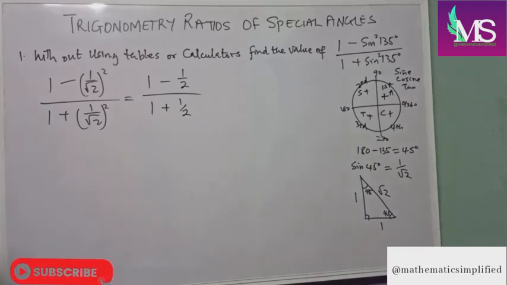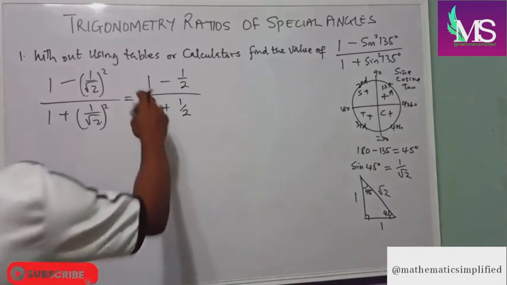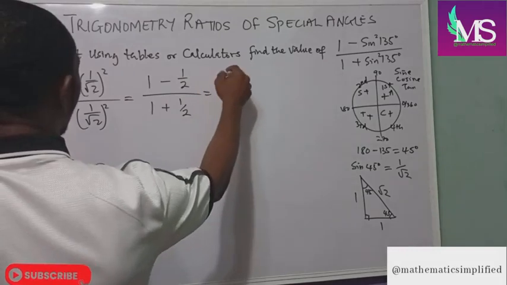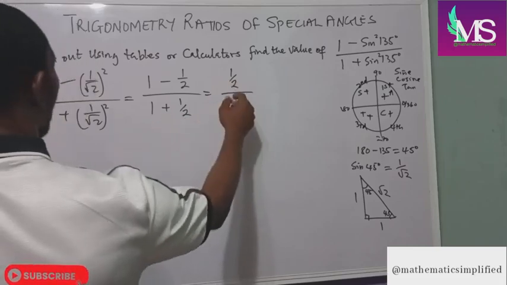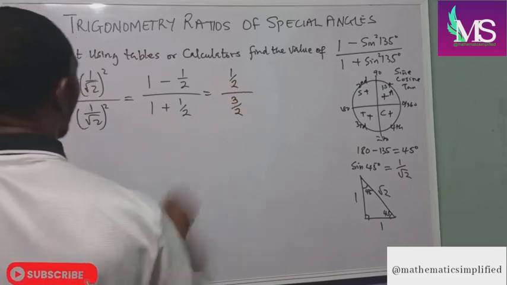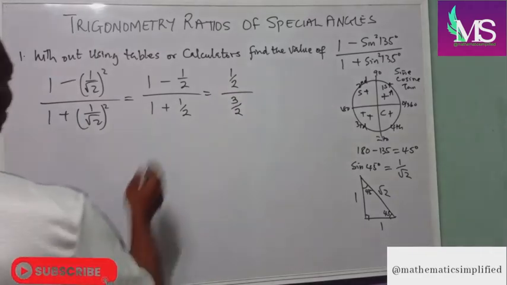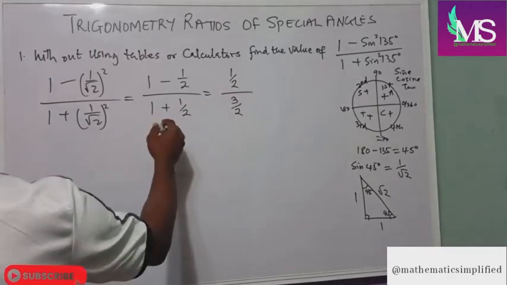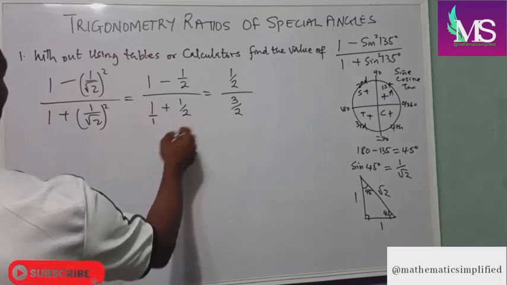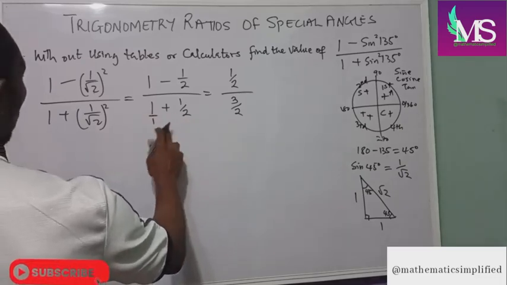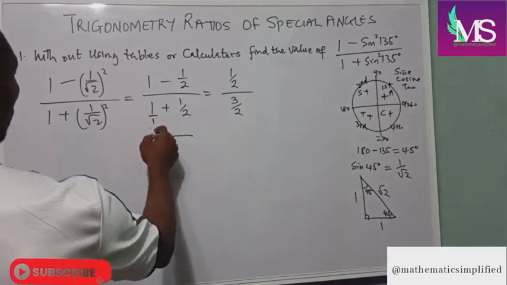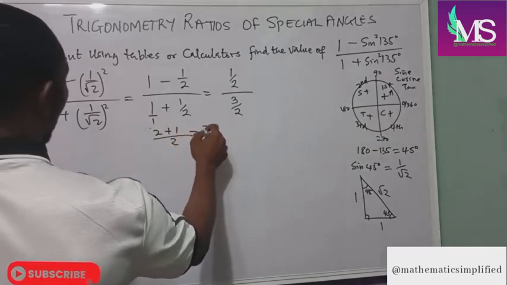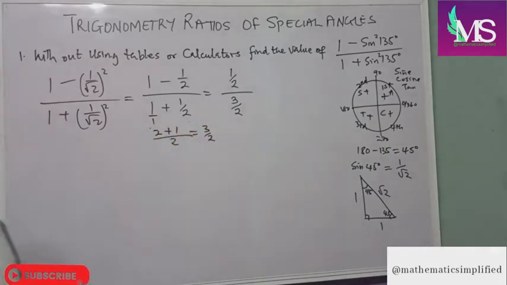Now from here we are going to add up. 1 minus 1 over 2 will give us 1 over 2. 1 plus 1 over 2 will give us 3 over 2. Now, how did we get 3 over 2? Forming our LCM, the LCM of 1 and 2 will be 2. This will be 2 plus 1 to give us 3 over 2 for our denominator.